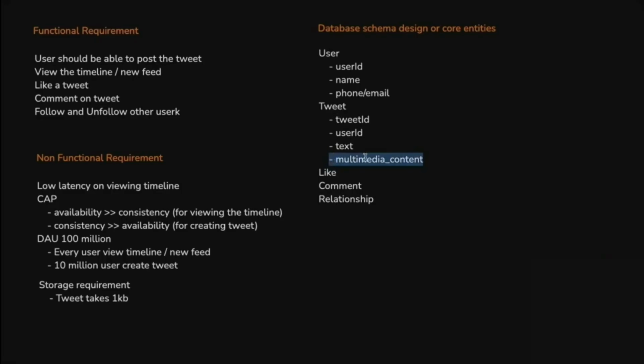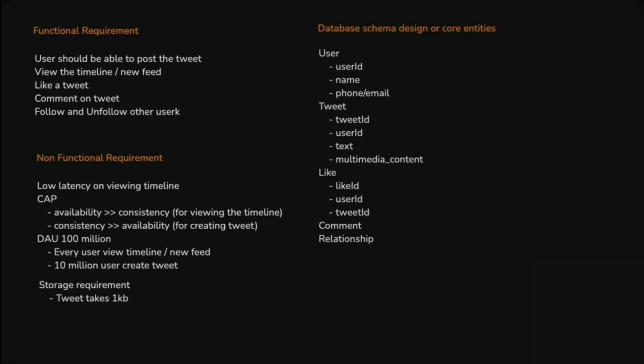We would like to touch upon that when we go into the deep dive. For the like entity, we will need the like ID when the tweet is liked by followers, the user ID who likes this tweet, and on which tweet this user has liked. So we need the tweet ID.